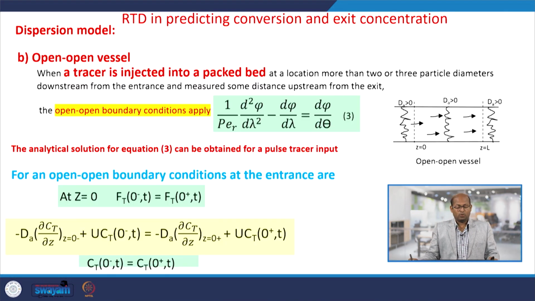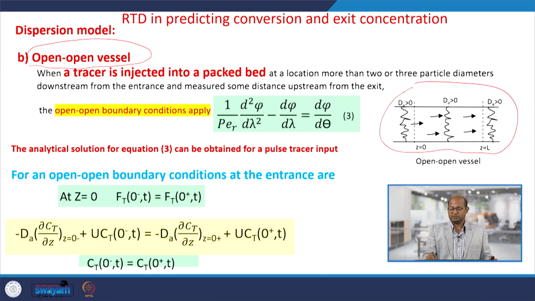Now the open vessel boundary conditions we will discuss. In open boundary conditions, at z equals 0 and at z equals L, dispersion is there. At z equals 0, if we consider the molar flow rates at this particular point, here is 0 minus and here is 0 plus.